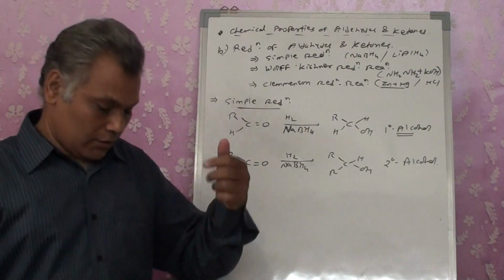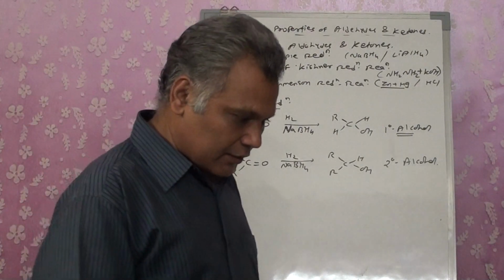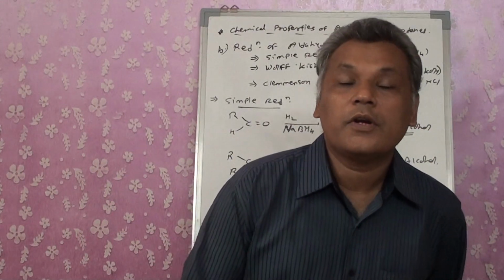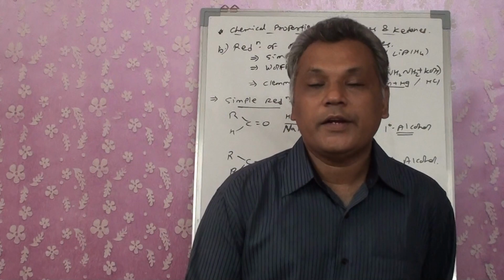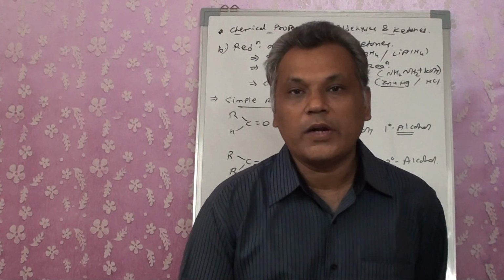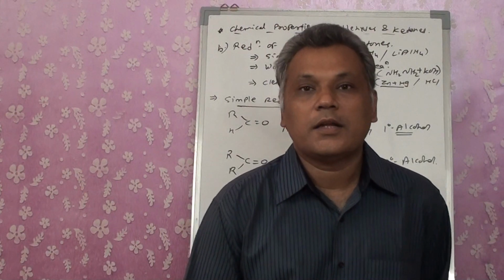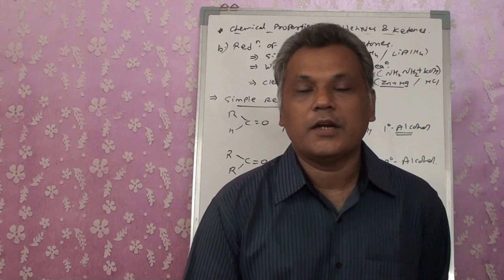If you remember, in our last lecture we studied the nucleophilic reaction of Grignard reagent. When Grignard reagent was reacted with formaldehyde, it produced primary alcohol, and other aldehydes produced secondary alcohols.